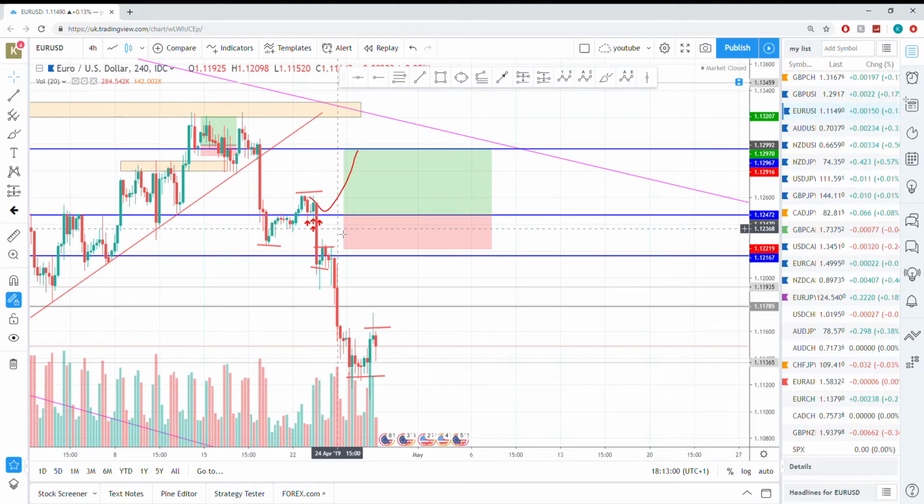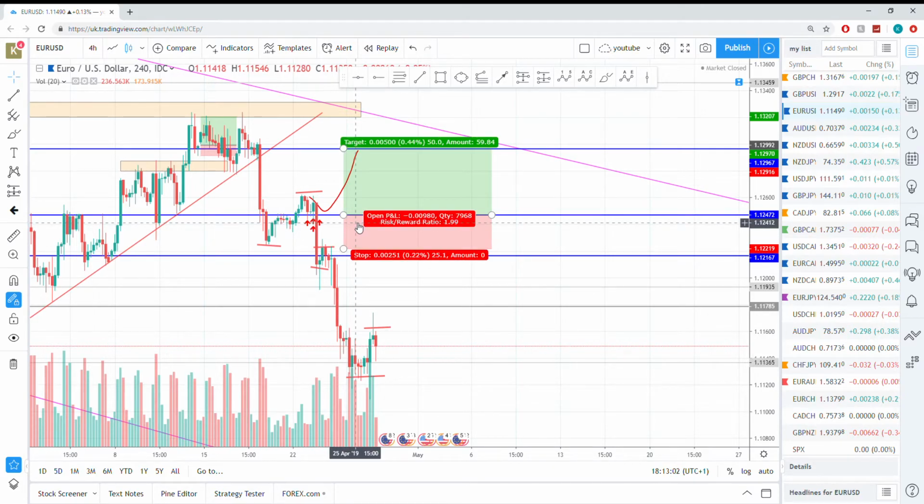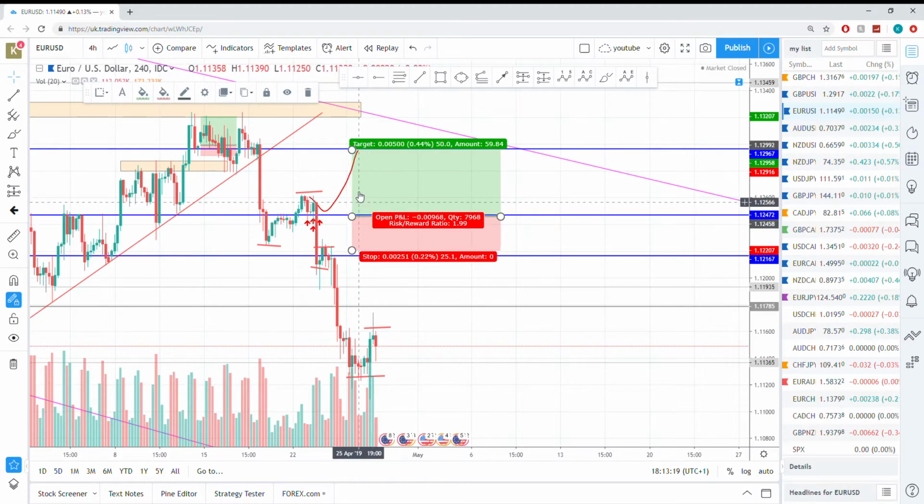For me, in my personal trading plan, I have to have a strict set of rules that I have back tested, and I hope that you have back tested yours. With back testing, you need to make sure what works and what doesn't work. So obviously I know what works and what doesn't, so we did not enter this as our criteria wasn't met.